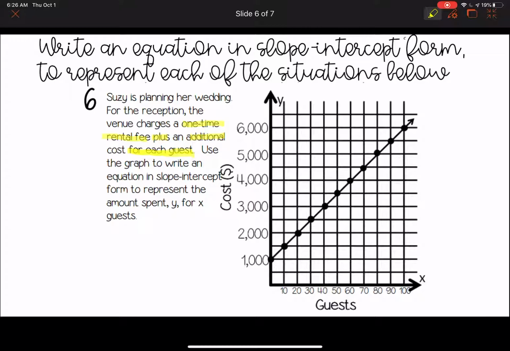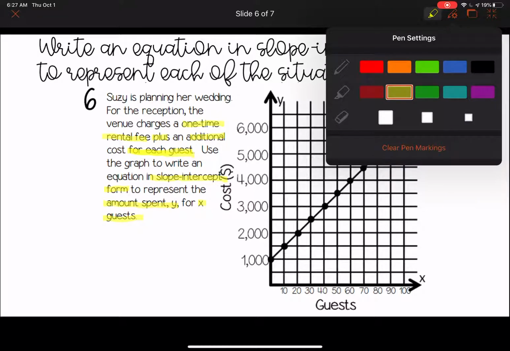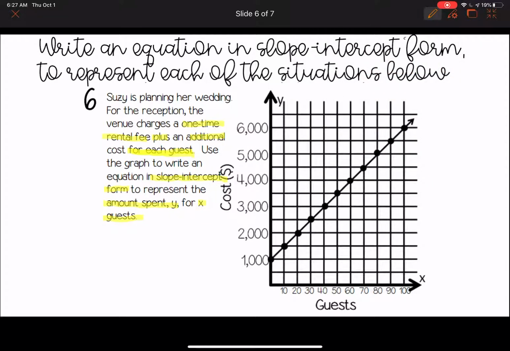Use the graph to write an equation in slope-intercept form to represent the amount spent, y, for your x guests. Now, these are very super important things because, and I'm going to use orange, right here they're telling us which variable to use for what, and they also show us that same thing on the graph.